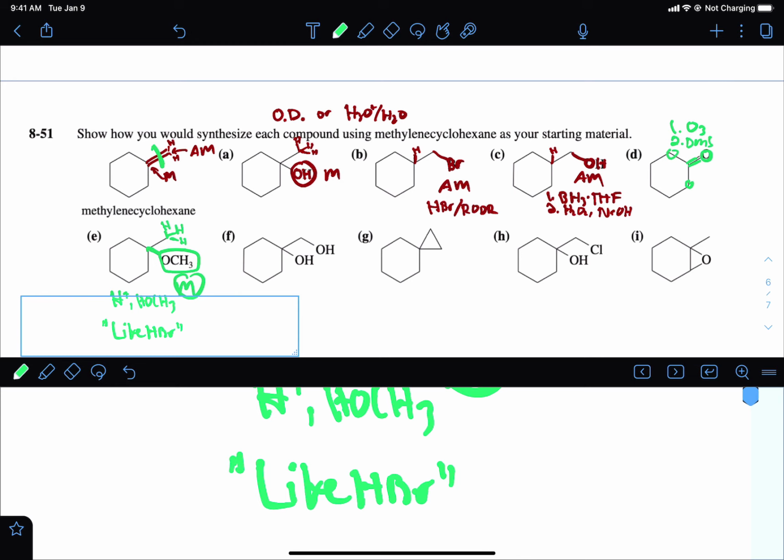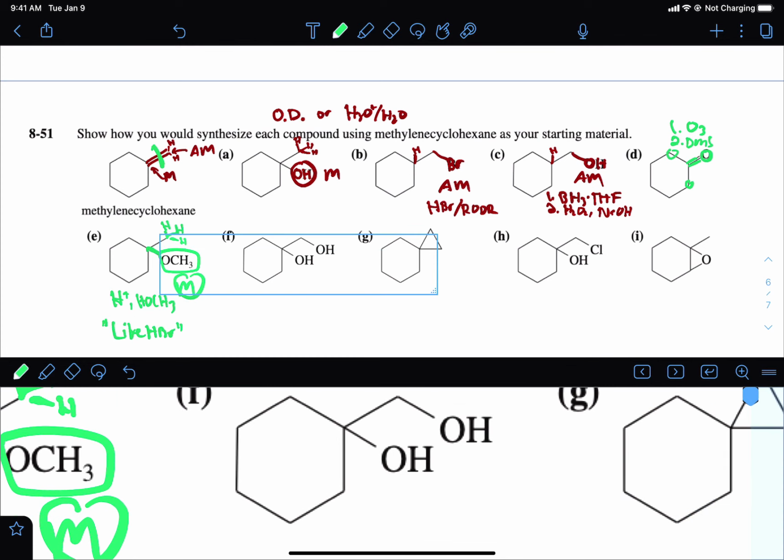Okay, diols. Now, this is interesting. It might catch your eye that we've seen how to make diols. We've done syn diols and we've done anti-diols. Here, they're not indicating whether it's syn or anti because it doesn't matter. There's no stereochemistry involved.